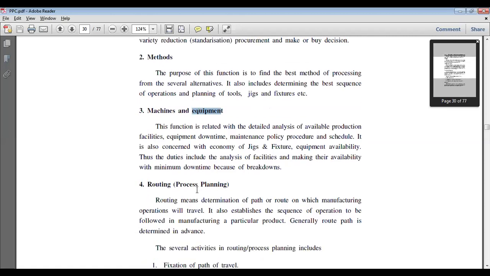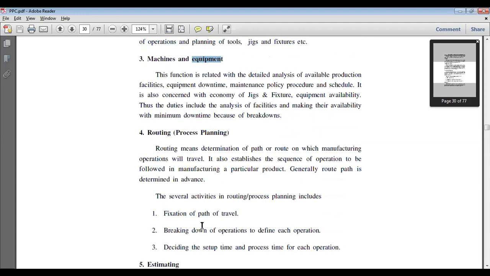Then routing, process planning, that is the fixation of the path of travel of material as well as men. So breaking down of operations to define each operation. In case of emergencies, there should be a plan for how to handle it. In case machine A fails, machine B fails, machine C fails, we have different plans so that the line does not stop or productivity is not affected.